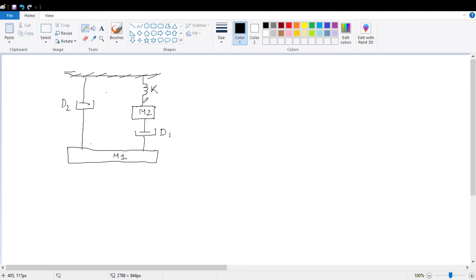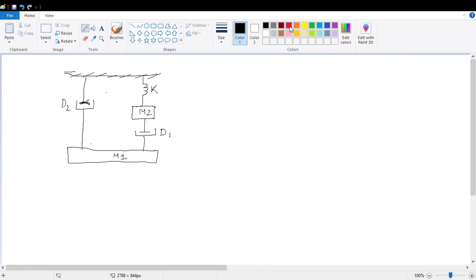It will be given as a model to you, along with mass, spring and damper. Now what you have to do is write the mathematical equation of it. Clear?